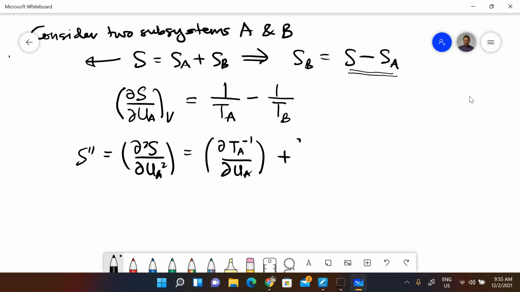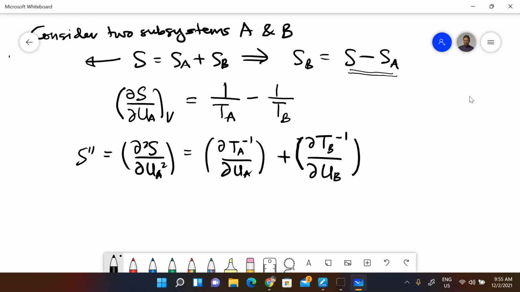It's a bit strange, I might have a sign wrong here, but I will confirm with my typewritten notes. I'm a bit confused. This is dTB inverse over dUB. The plus is because I'm using UB.